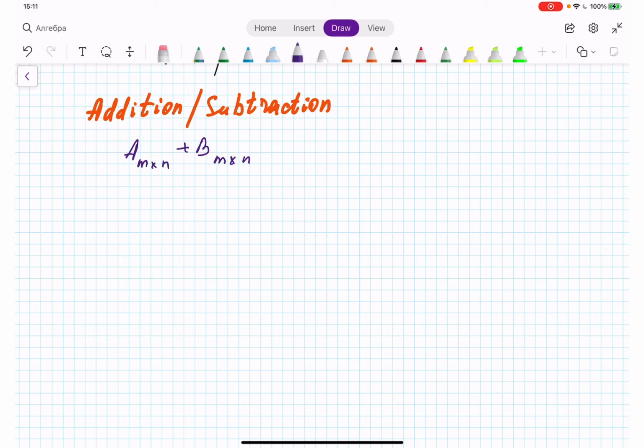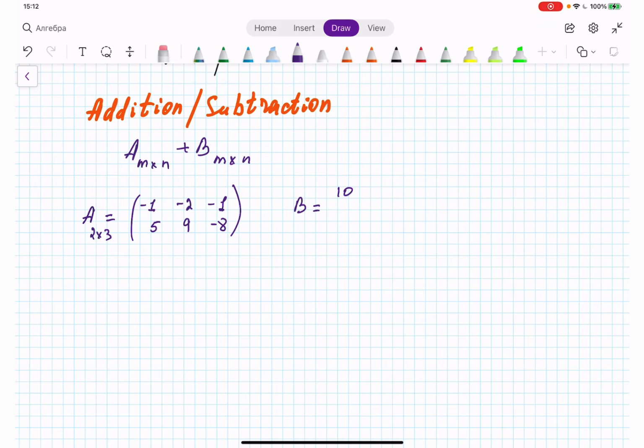So let's do it. I have matrix A that is equal to -1, -2, -1, and 5, 9, -8. Okay, this matrix A has 2 rows and 3 columns, right? So it's 2 by 3. Okay, matrix B we are given.